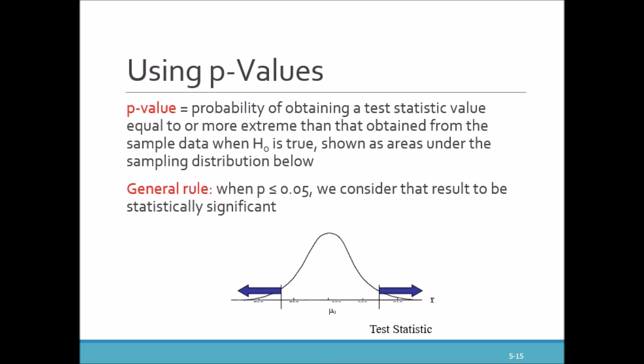So comparing our test statistic to our critical value is the same thing as comparing our p-value to the alpha. And if your p-value is less than or equal to your alpha, then you are typically safe to reject the null hypothesis. Your results are statistically significant, and you have found evidence to reject the null in favor of the alternative, to support your alternative. Again, don't ever say accept the alternative, please.